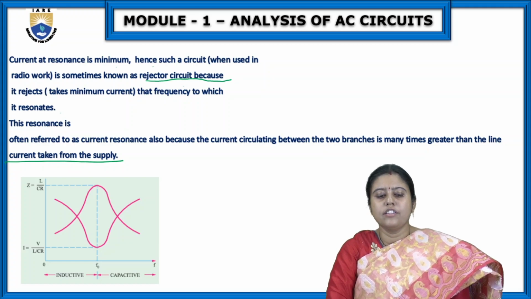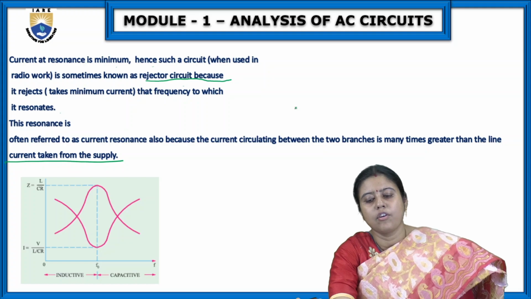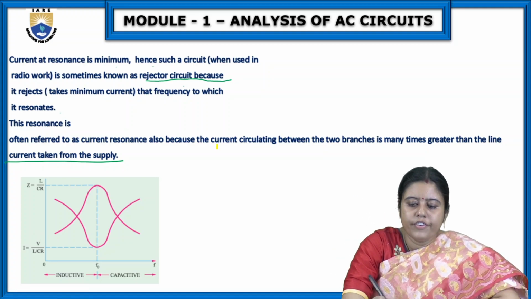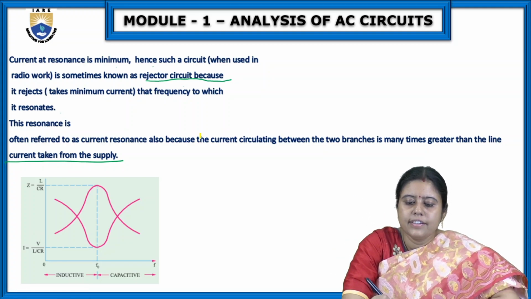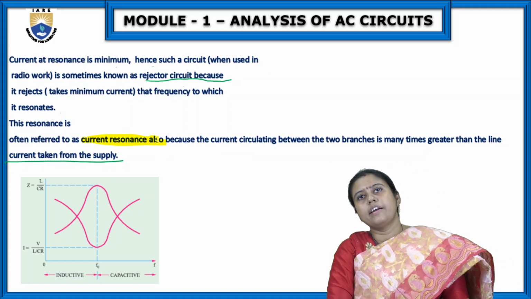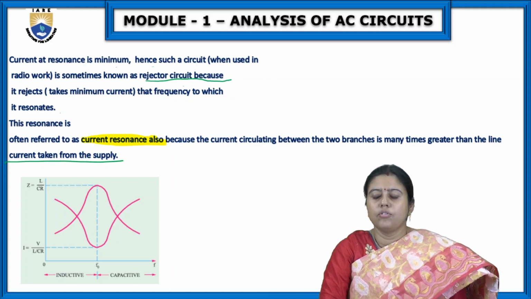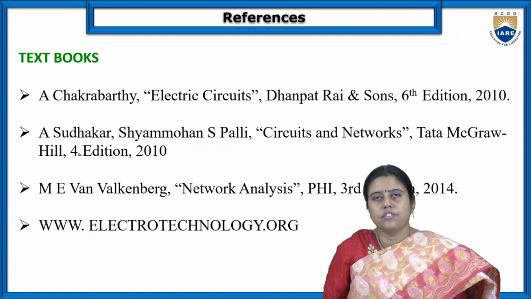That's why it is called current resonance. Sometimes the resonance in the RLC series circuit is known as voltage resonance.